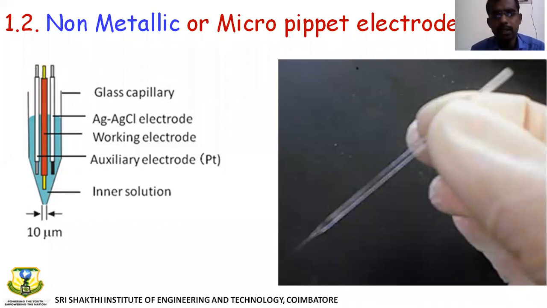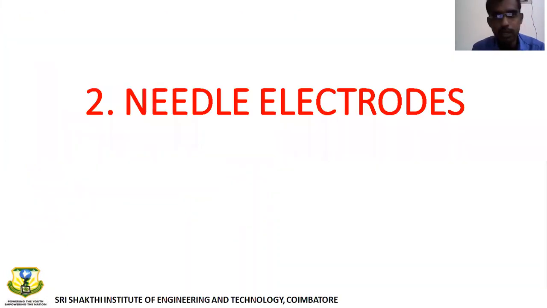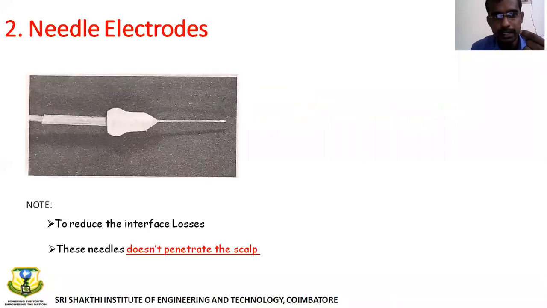With a surface electrode, picking up the signal is very easy. Next one is needle electrodes, right? Needle means, for example, the needle which we know is this one. So our electrode is going to have a needle, and that's why we have named it needle electrode.